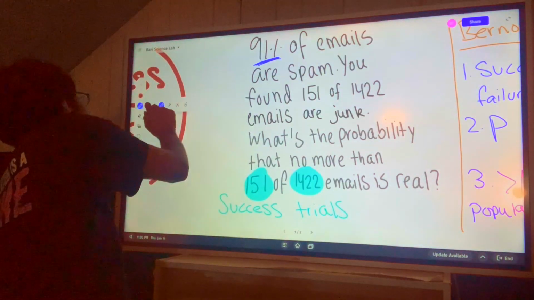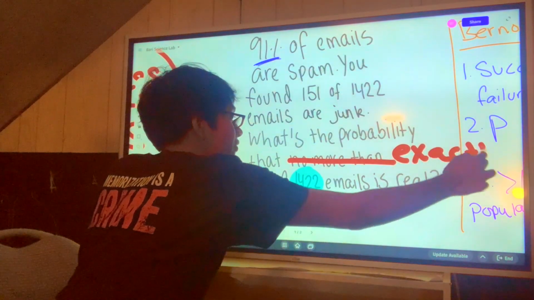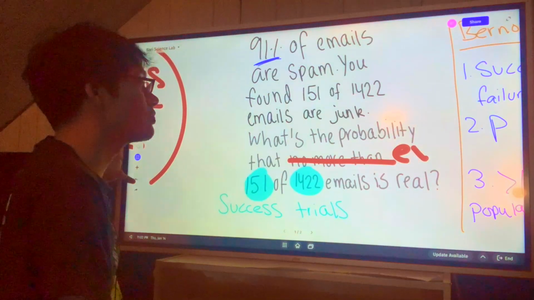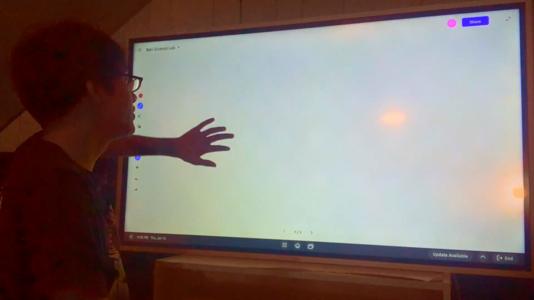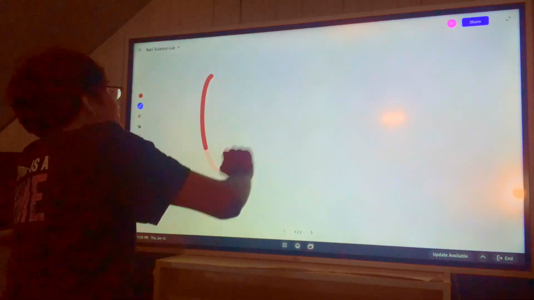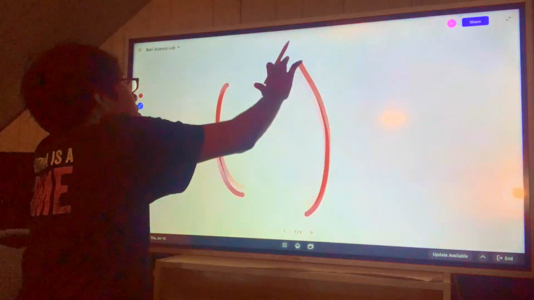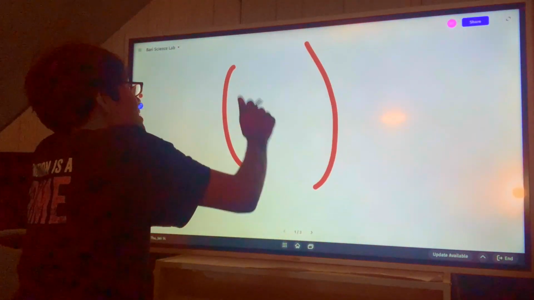Instead of saying no more than, if it said exactly 151 emails out of 1422 are real, then we could use binomial models.